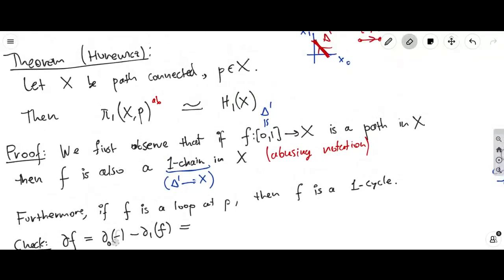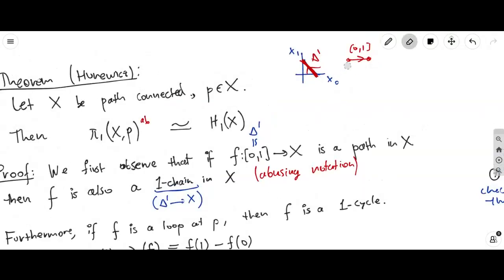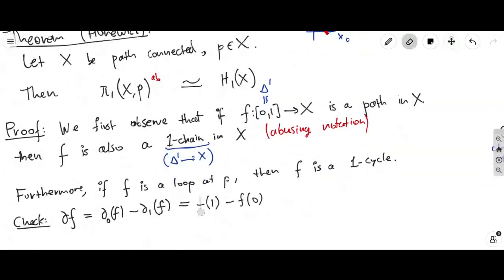Now you can see the 0th boundary is what happens when we set x0 equal to 0. That's the 0th face, so we're getting that endpoint minus that endpoint. In the abused notation, this is f(1) minus f(0), because delta 0 of f in the picture is this endpoint that corresponds to 1, and that endpoint corresponds to 0. So we're getting f(1) minus f(0), and this is p minus p, which is 0.